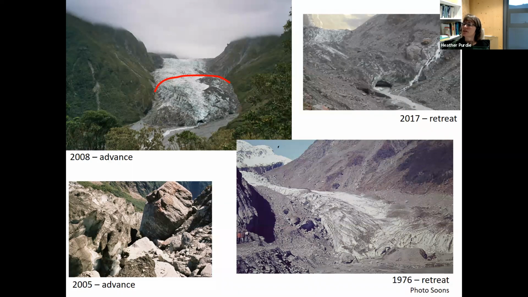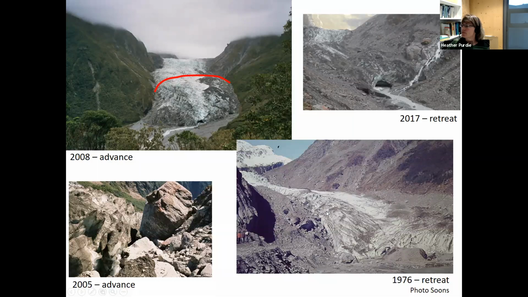What we often see at Fox Glacier is that during advance the glacier gets quite a convex profile. For want of a better word, it's nice and fat. There's lots of ice, and a very convex profile on the surface. Accompanying that, we have areas between the glacier and the valley walls with a gully or trough feature.